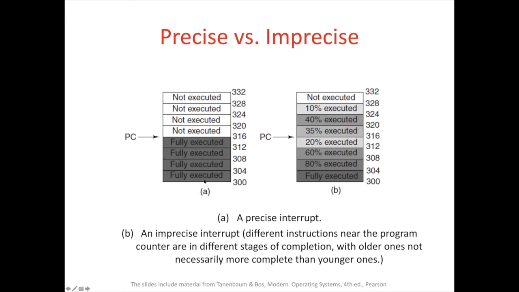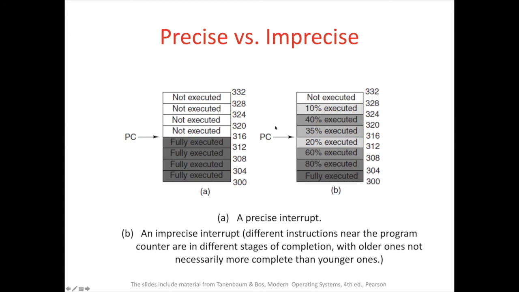In part A of this figure, a precise interrupt is shown. Here, the instructions just before the program counter, smaller than the value of the program counter, are fully executed, and none of the instructions after the program counter have been executed yet. However, in an imprecise interrupt, different instructions near the program counter are in different stages of completion, with older ones not necessarily more complete than younger ones.